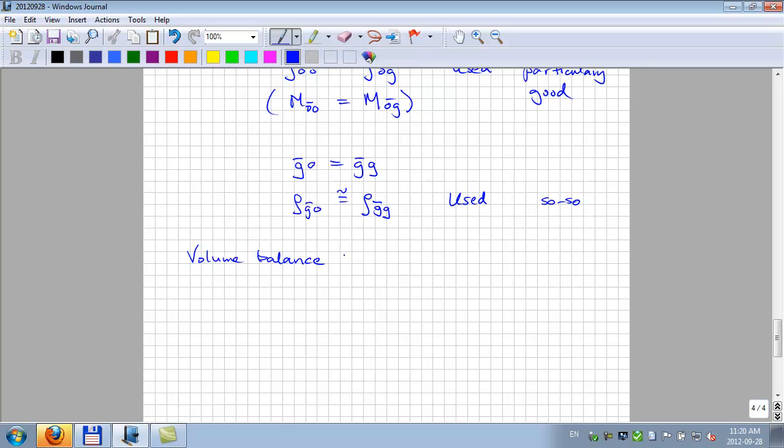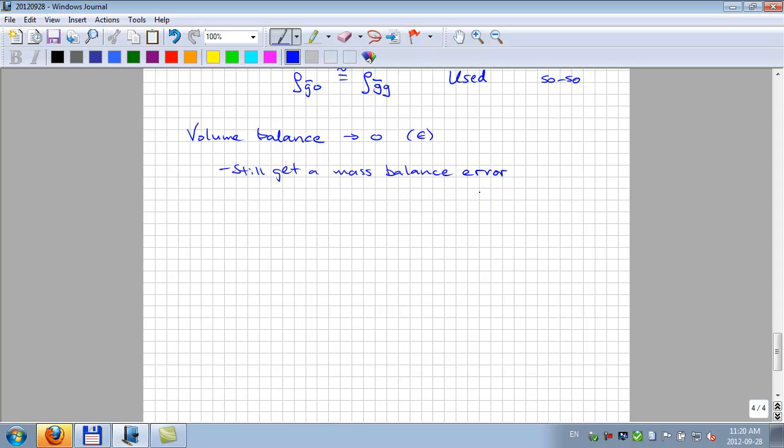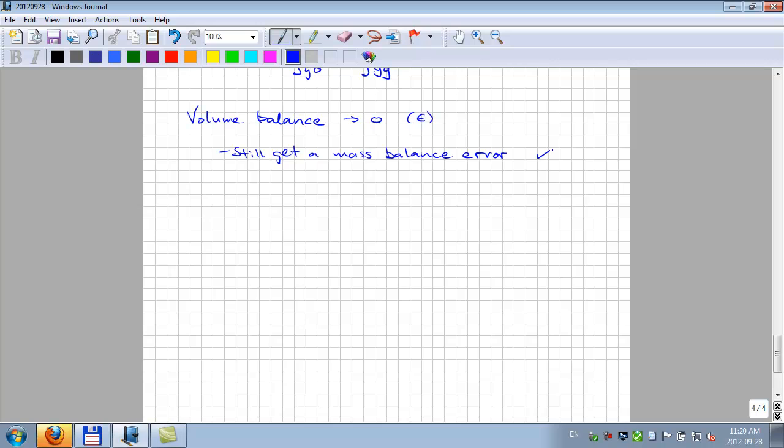For example, we try to drive that to 0 or some epsilon, but even with this going to 0, you still get a mass balance error. But basically, these models don't consider or worry about mass disappearing. And for the most part, you can say that's okay.